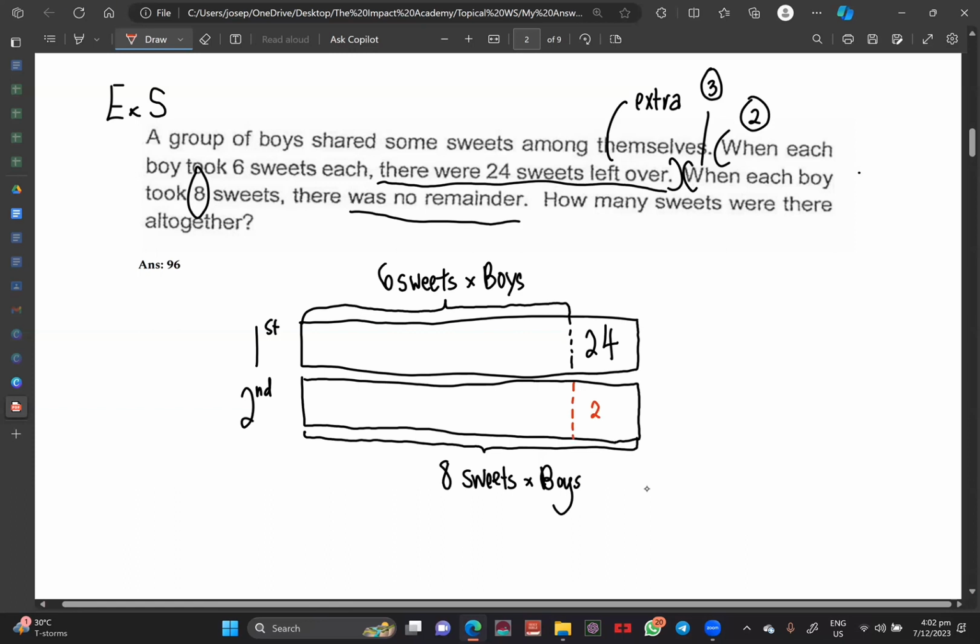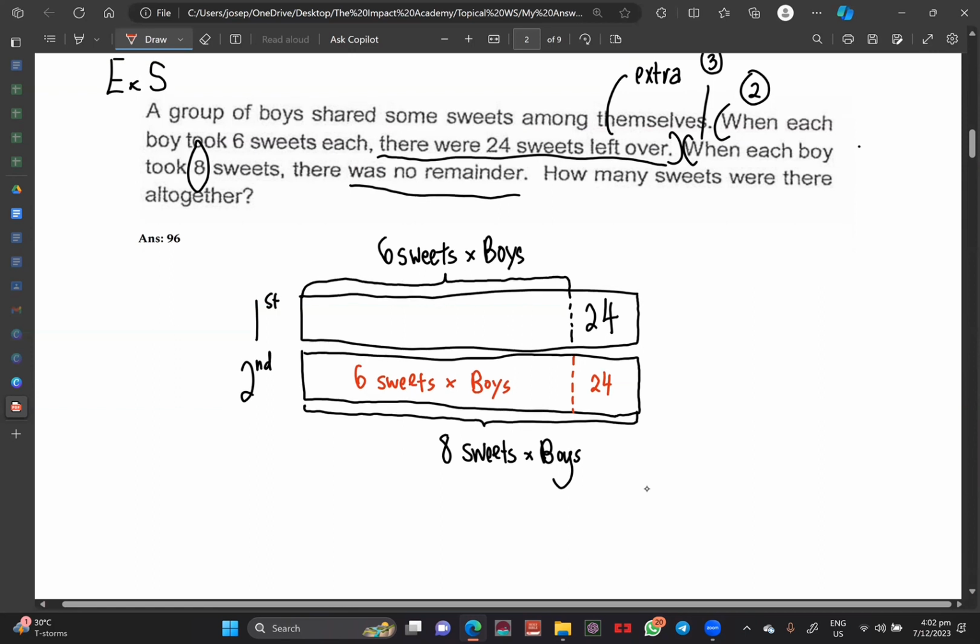All right, so I have 24 over here. This one I have 6 sweets times boys. Can you all see that? Now what do you see over here? Can you see this 24? What do you think this is? This must be 2 sweets times boys.